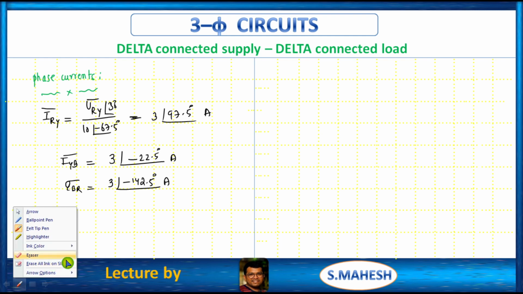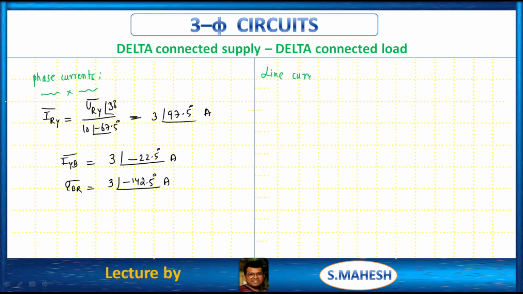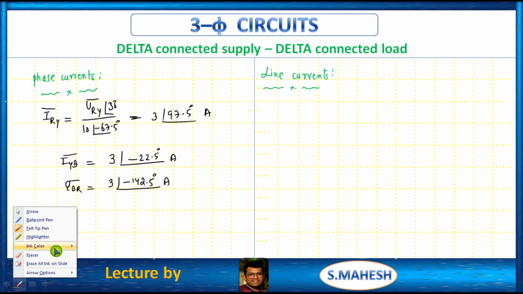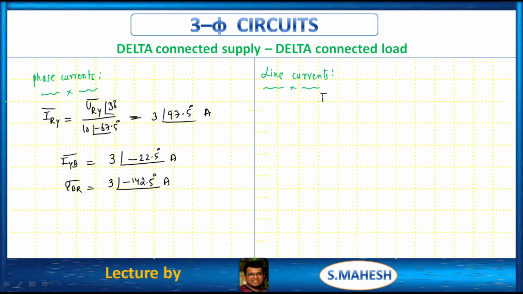Next, line currents. In case of delta connection, we know that line current lags phase current by 30 degrees. Therefore, line current IR is equal to root 3 times of IRY at an angle plus 30, which is equal to root 3 into IRY, that is finally 5.2, minus 30, sorry.